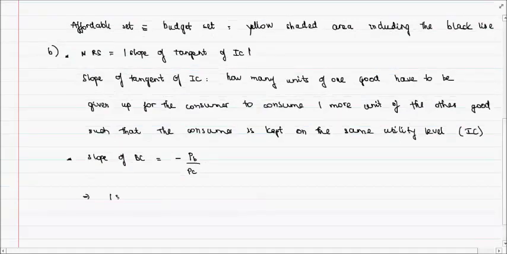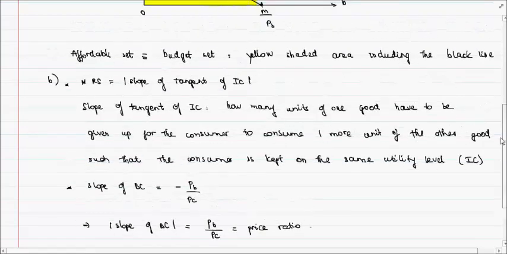Therefore the absolute value of the slope of the budget constraint is equal to PB on PC, and that is the price ratio. So what we want to compare is the marginal rate of substitution, which is the absolute value of the slope of the tangent of the indifference curve, and the absolute value of the slope of the budget constraint, which is the price ratio.